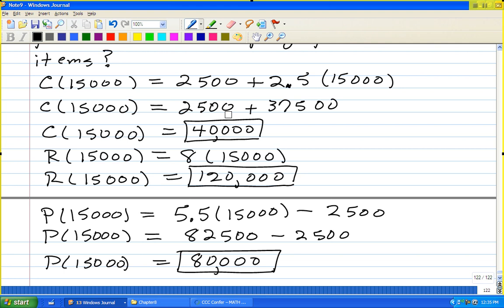The profit is given by 5.5 times the number of objects you sold, 15,000, minus the 2,500. And so 82,500 minus 2,500 is 80,000, which is good because profit is revenue minus cost. Okay. Before I had it written slightly incorrectly.